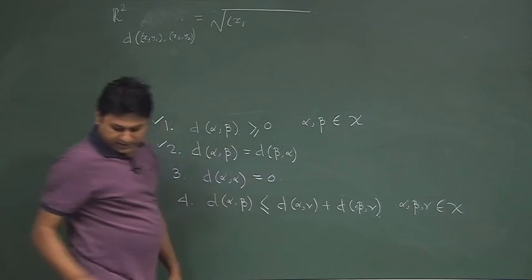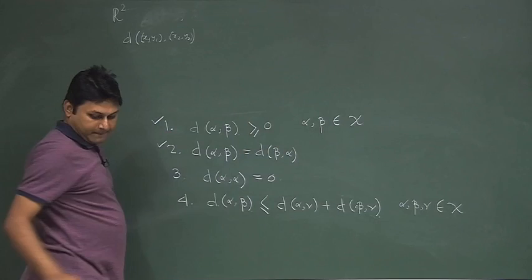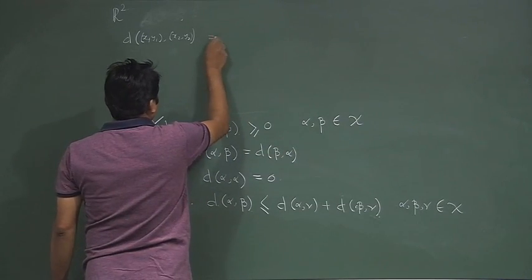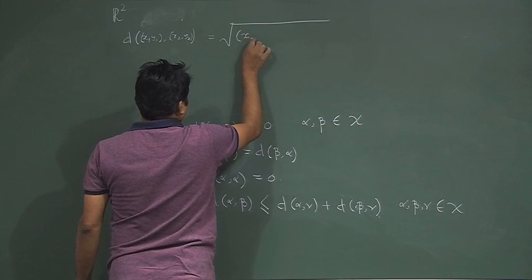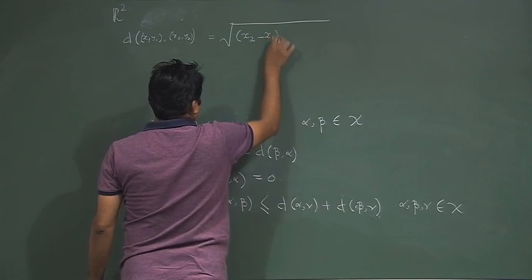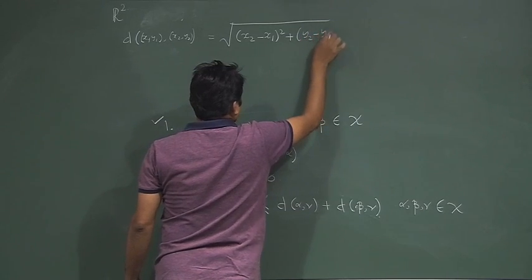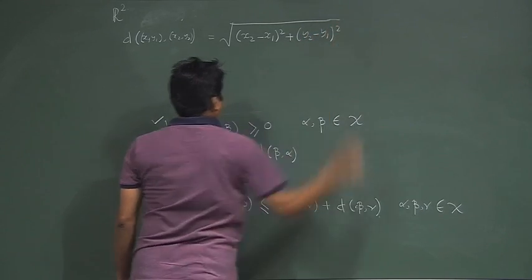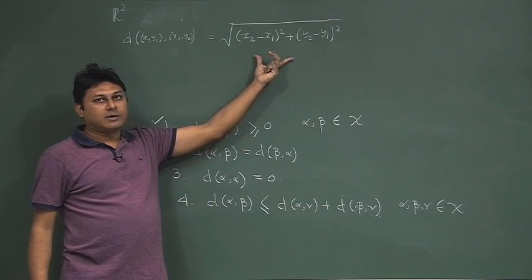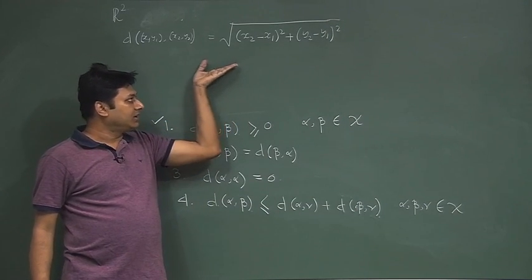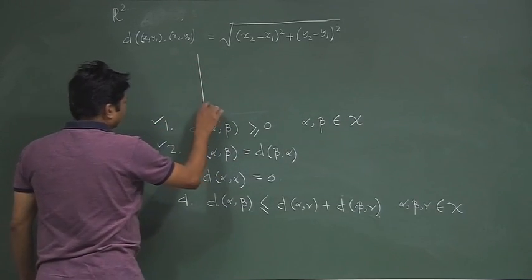If I define these things in this way, square root of x2 minus x1 square plus y2 minus y1 square, then this quantity also can be considered as a metric. This is nothing but the distance between 2 points in Euclidean plane.